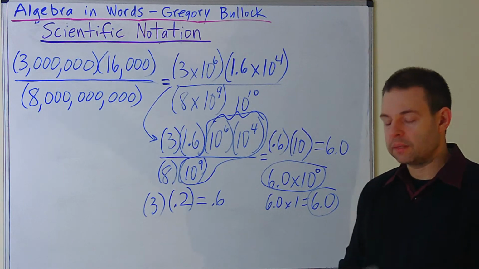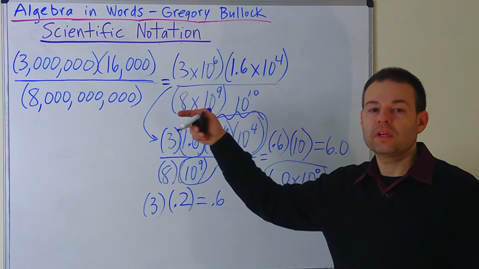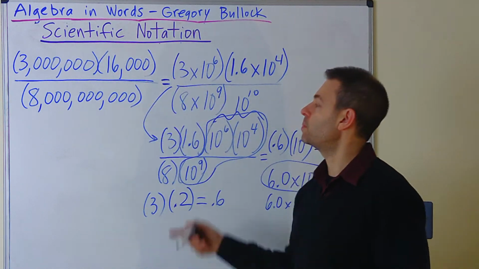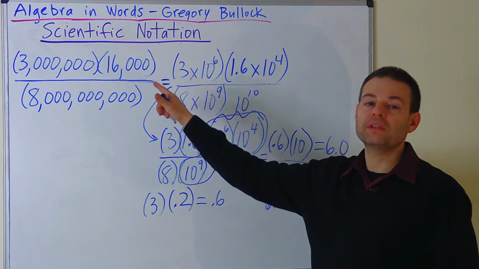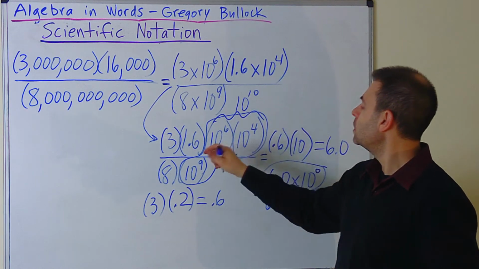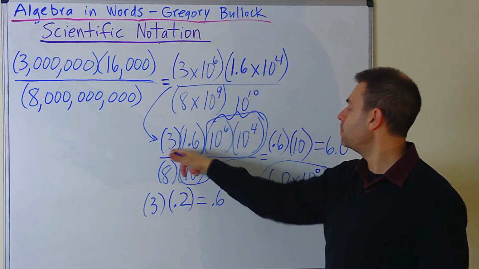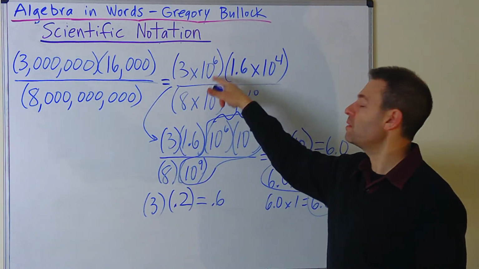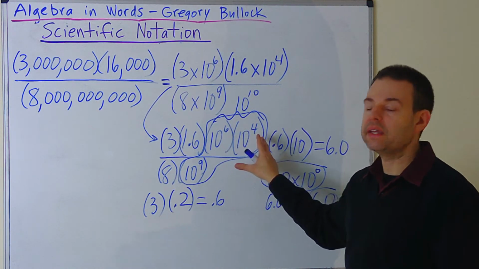So anyway, to summarize this problem, we were starting with 3 large numbers. In other problems, they could also be a mix of large and small numbers, but in this case it was all large numbers. We took the large numbers and we condensed them all into scientific notation. And then we separated the coefficients and put them out front, and we took out the parts that were times 10 to the exponent, the base 10s, and we wrote them to the right.